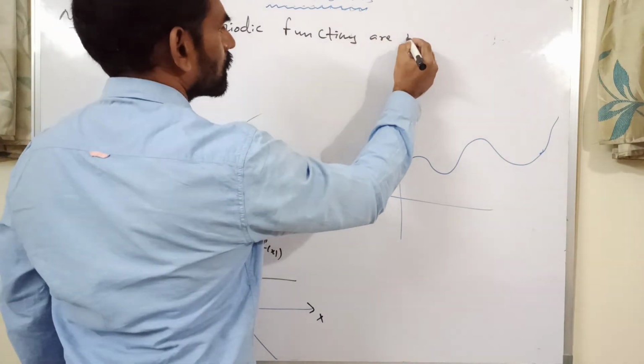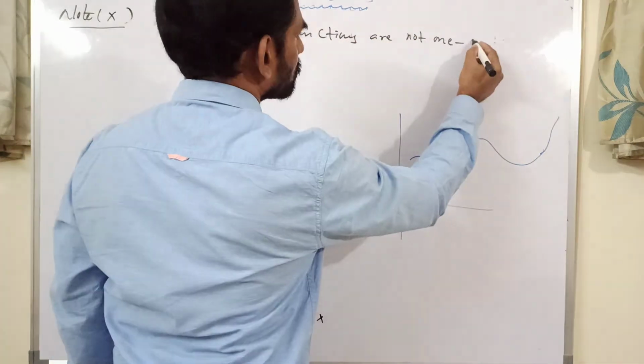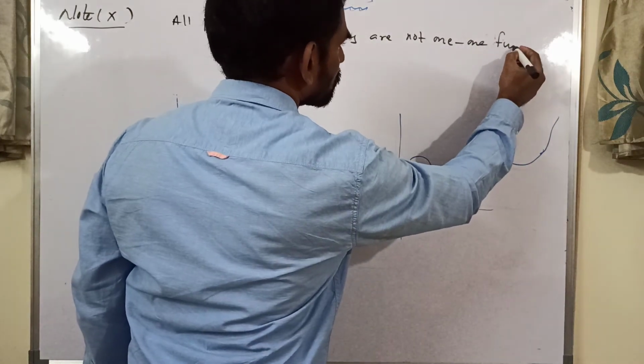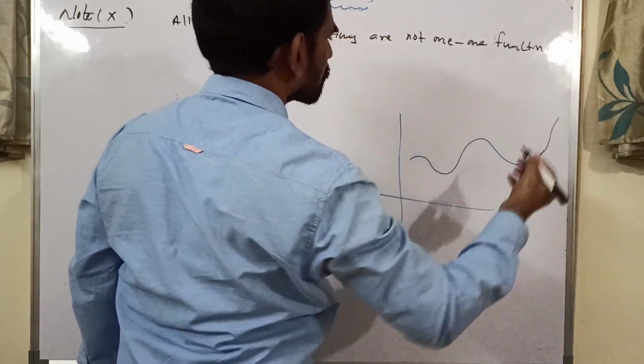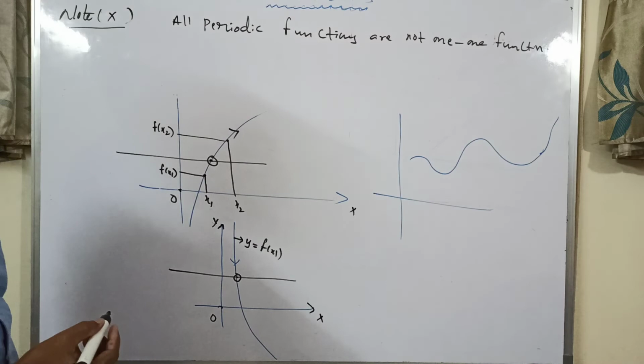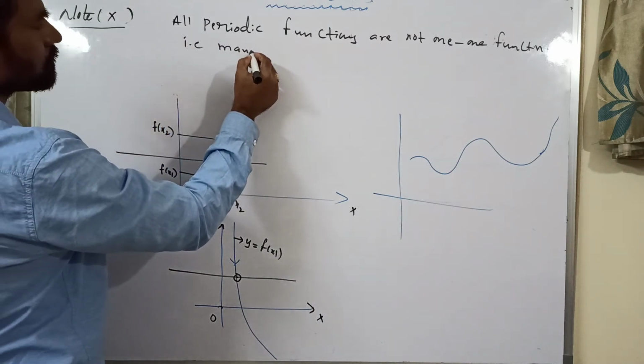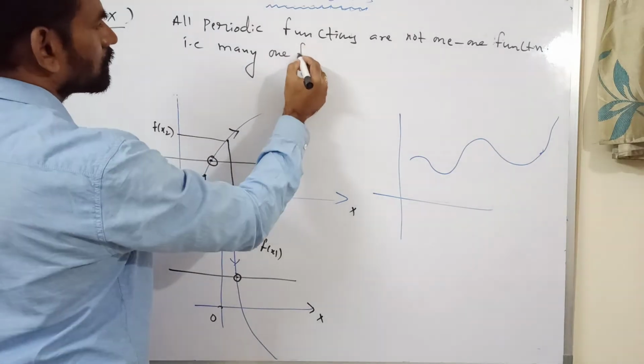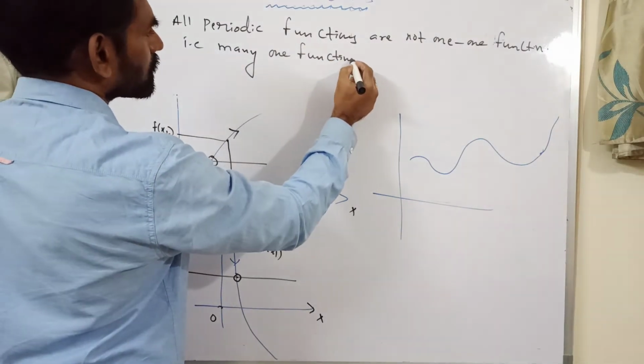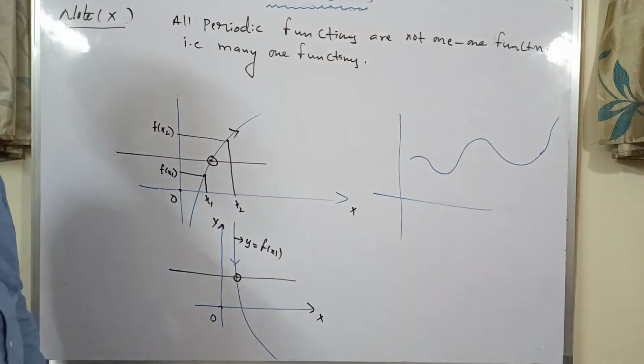If the function is not 1-1, it is called a many-one function. That means periodic functions are many-one functions, not 1-1.